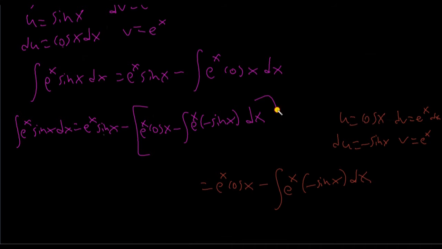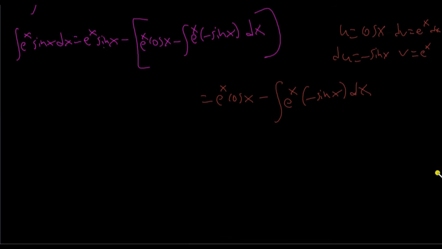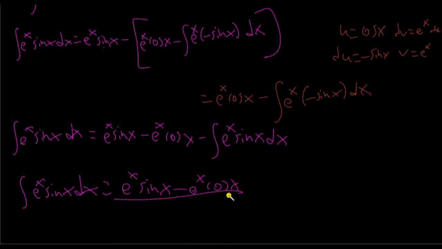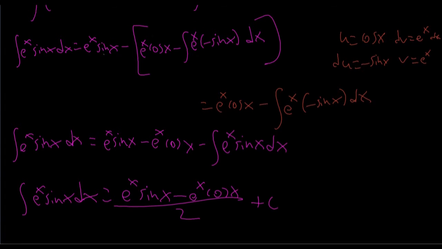And then if I distribute the parentheses to make it look nicer, I'm going to get e to the x sine of x minus e to the x cosine of x, and this negative and this negative are going to cancel, so I'm going to get a minus e to the x sine of x dx. Remember, all this is equal to the integral of e to the x sine of x. So then I add it over there, divide by 2, and then I get over 2 plus c.